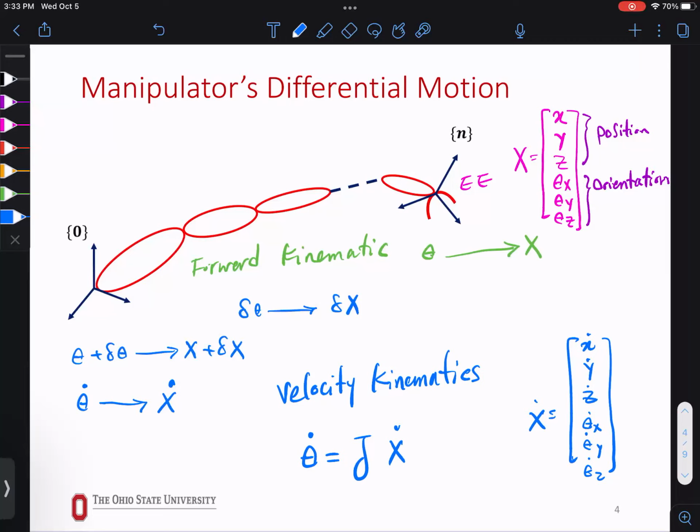I'm thinking it's related to the mathematics. Good question. It should be, right?